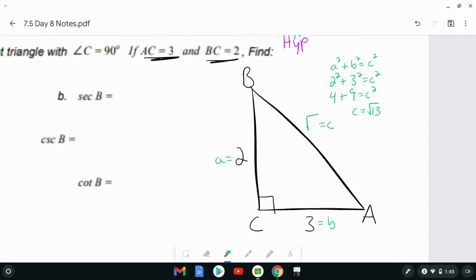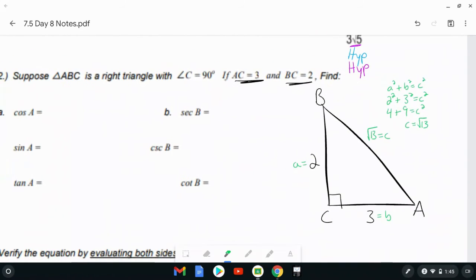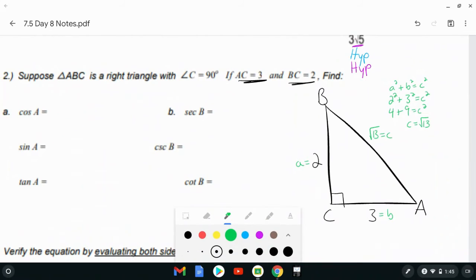Once we find that third side, now we can just go ahead and identify these trig ratios. Again, it's super important that you don't just assume that you're talking about the same angle, because if you notice the first part A, we're talking about cosine, sine, and tangent of angle A. So that would be cosine is adjacent over the hypotenuse.